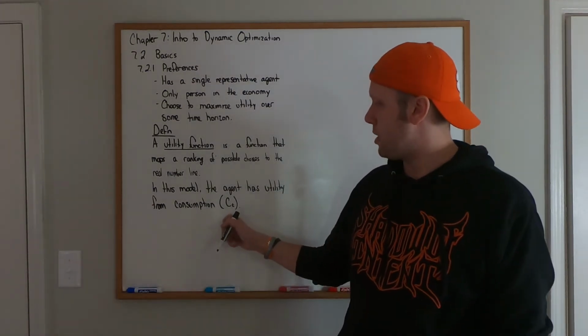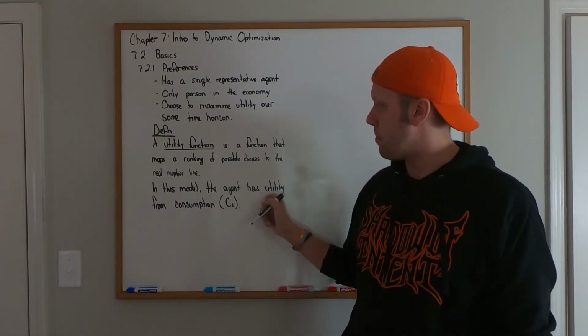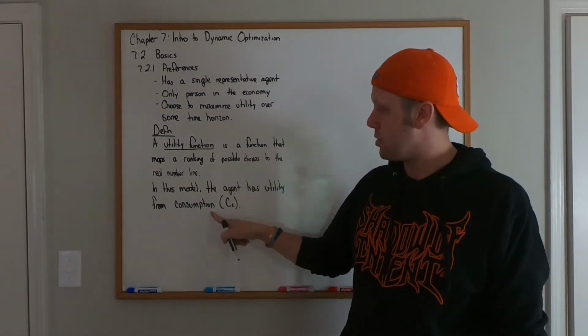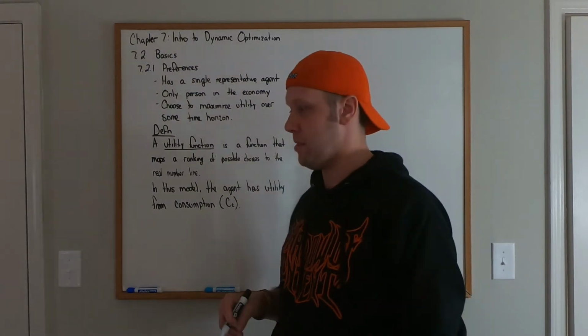So if we can measure consumption, we can fit that to this utility function that's going to map this ranking of possible choices out to the real number line. If we can measure consumption, we can figure out what investment's going to be. So it's like the nice little tie-in with this.